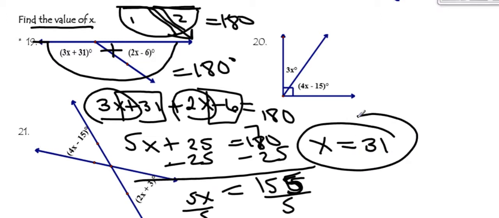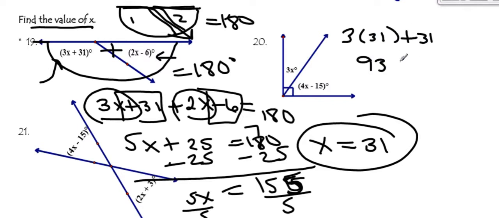Now, granted, it did just ask us for the value of x, but we are good students and we always check our work. So I'm going to plug x back into here, and I'm going to plug x back into here to make sure they do in fact equal 180. Well, 3x plus 31 is going to be 3 times 31 plus 31, which is going to be 93 plus 31, which is going to be 124.